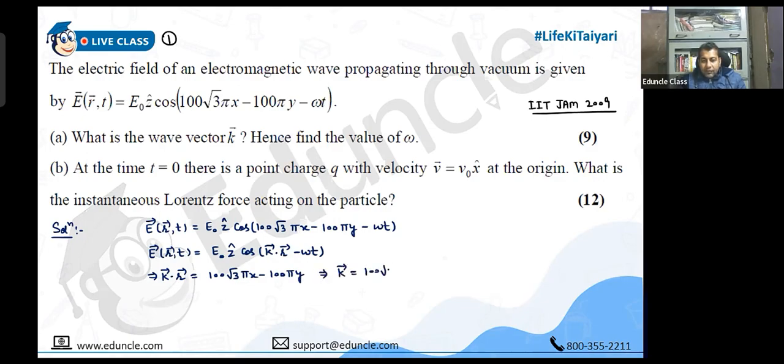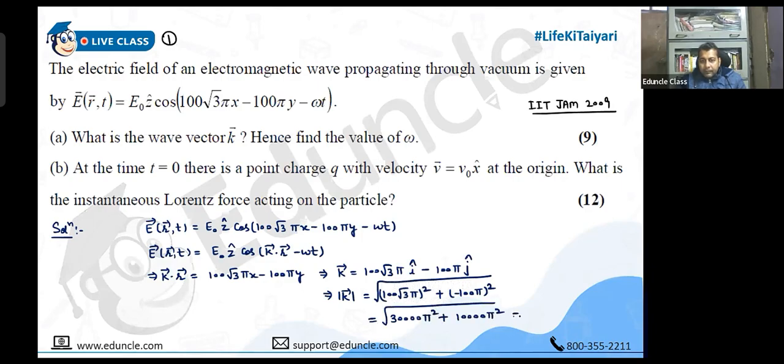It means the k vector is of the form k root 3 pi i cap minus 100 pi j cap, so that when we take the dot product with the r vector, which we consider as x i plus y j, it gives us k dot r equal to this. So k turns out to be 200 pi.